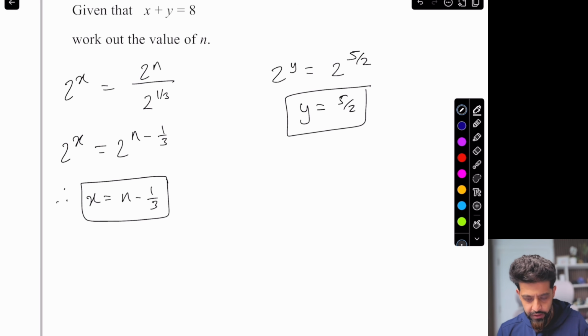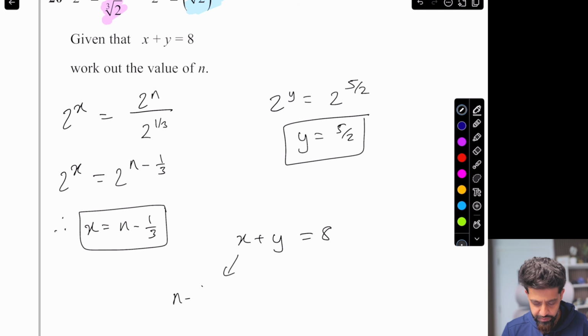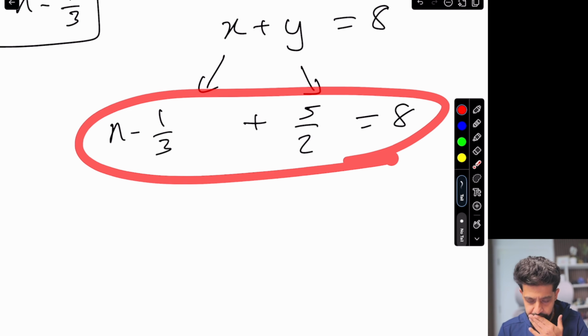All right. So now, given that when you add x and y together, you get 8, we can work out the value of n from that. So x plus y is equal to 8. X is n minus a third plus y is 5 over 2 equals 8. So we're just dealing with this now.